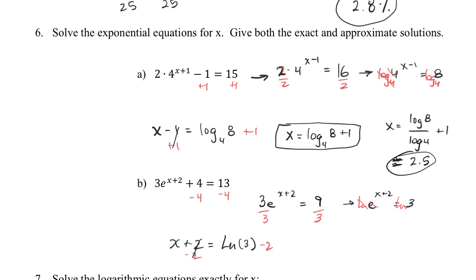And we have x is equal to the natural log of 3 minus 2. That's our exact form of the answer. And then the approximate form is negative 0.90.